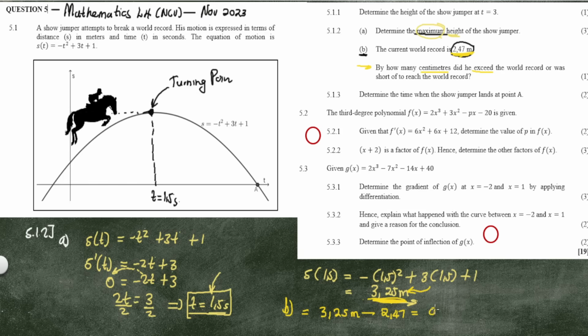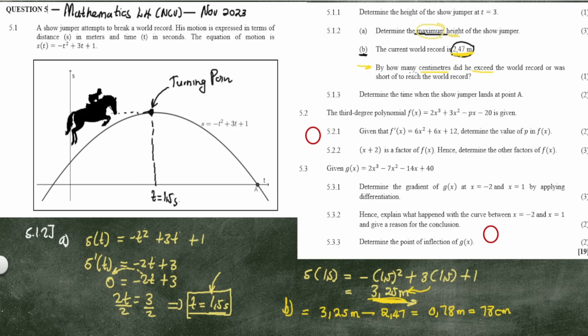Answer: 0.78 meters. Multiply by 100, we get 78 centimeters.